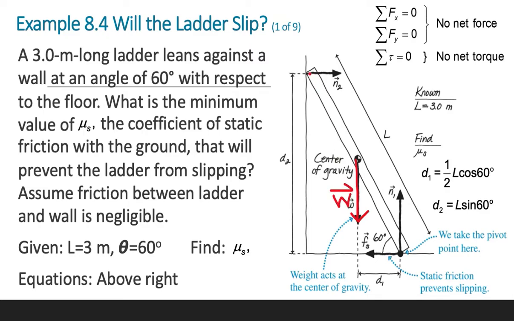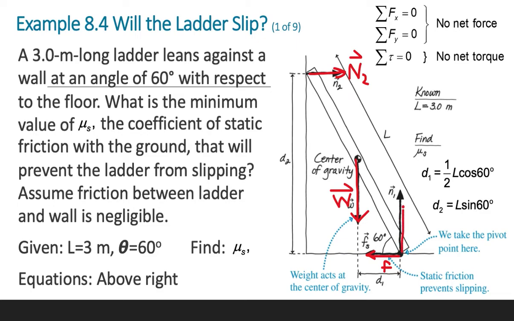We also have a normal force pushing out from the wall onto the ladder, which we'll call normal force 2. We're neglecting friction here. The only friction we have is in the x direction, at the floor. This is our friction force.